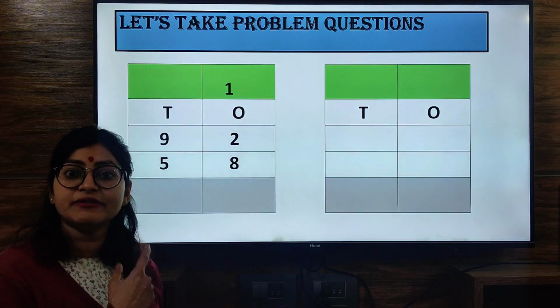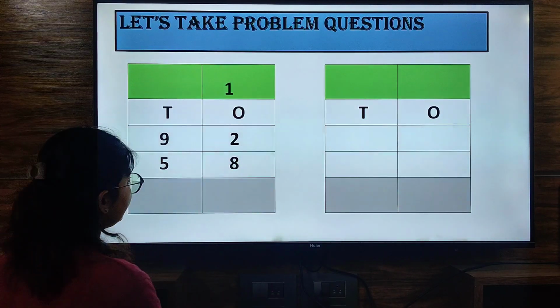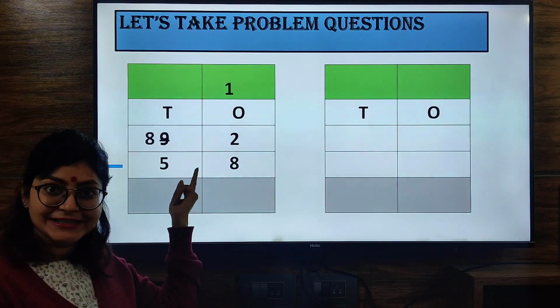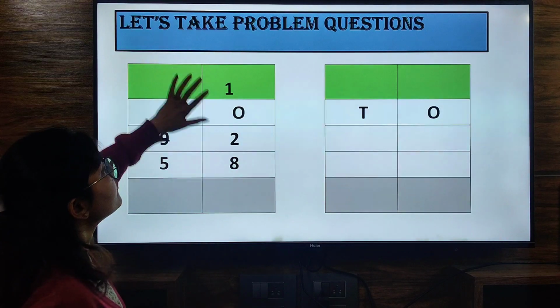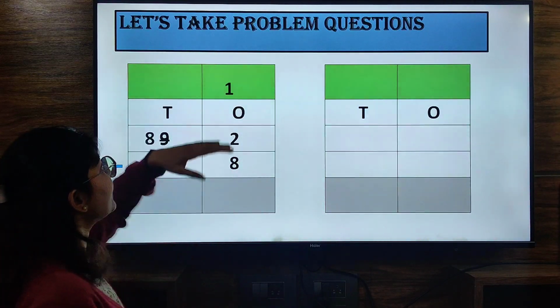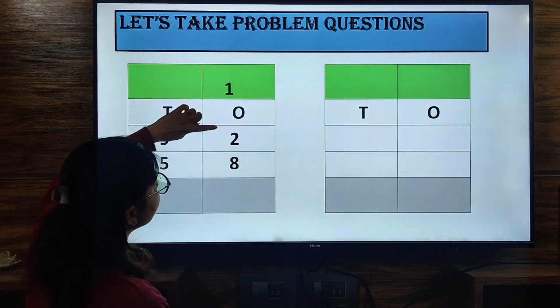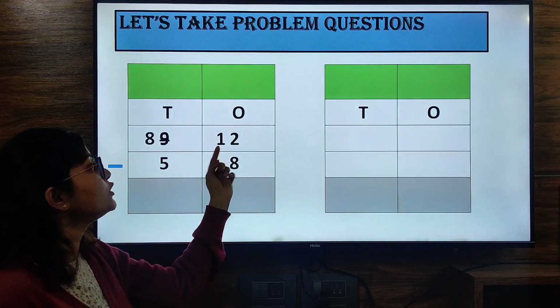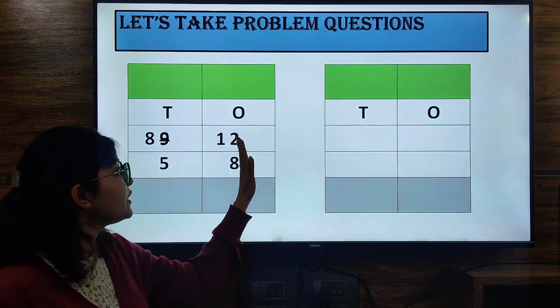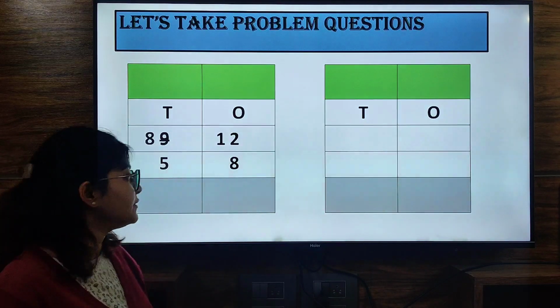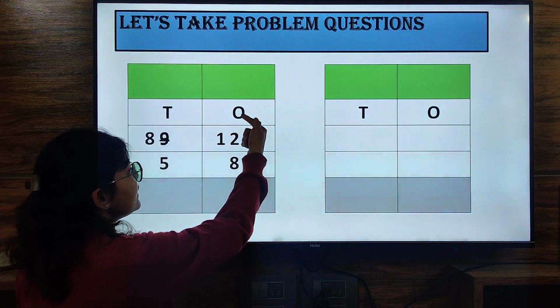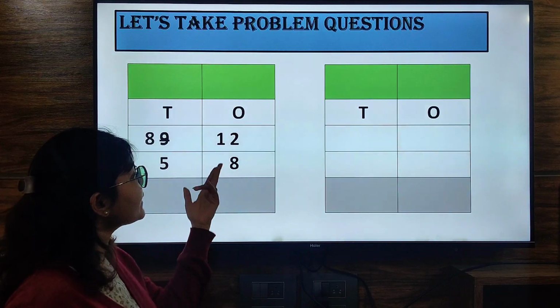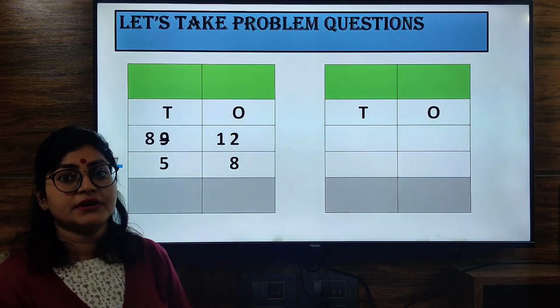When 9 has given 1 to 2, then 9 will become 8. Now, for our convenience, we are writing this 1 here in front of 2. So now this 2 has become 12. Now in the ones column we have to subtract 8 from 12.